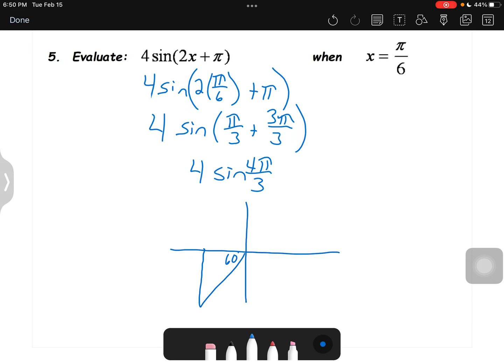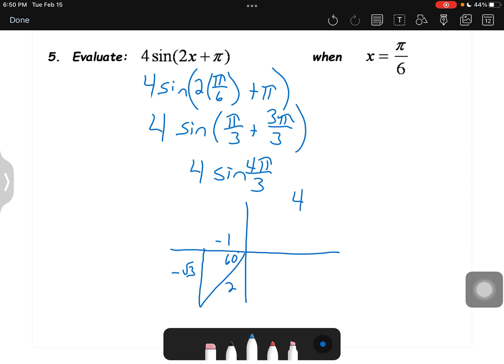So opposite is the long side. So that's a negative root 3. This is a negative 1, and we've got a 2 here. So I want the sine of this 60-degree reference angle that's in quadrant 3. Again, 4 pi over 3. So sine, opposite over hypotenuse, is negative root 3 over 2.